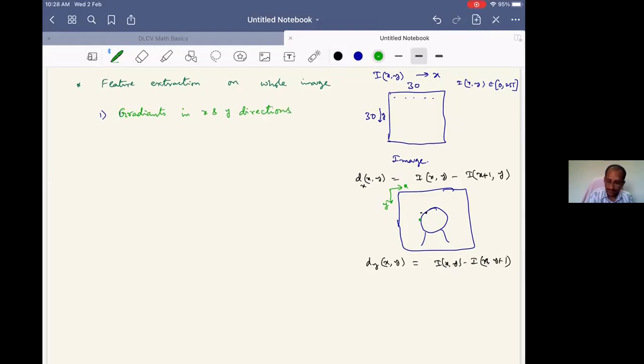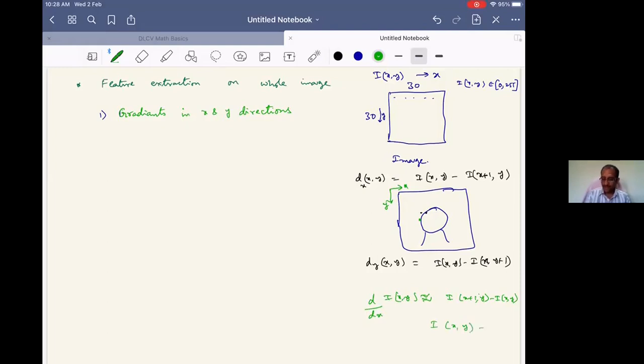This is a discrete gradient. Those who know, d by dx of I of x comma y is a derivative if it is continuous, but its equivalent in the discrete case is I of x plus 1 comma y minus I of x comma y.